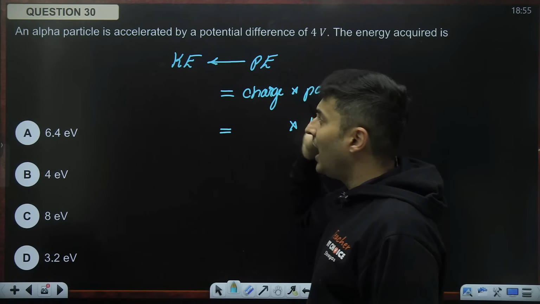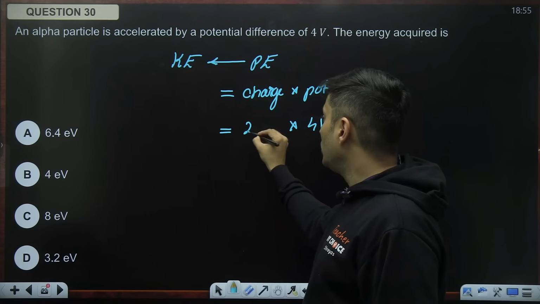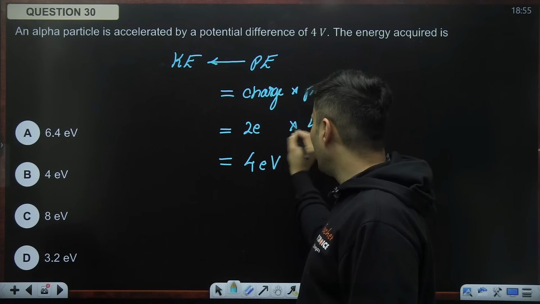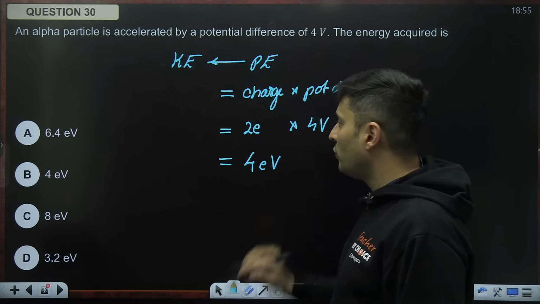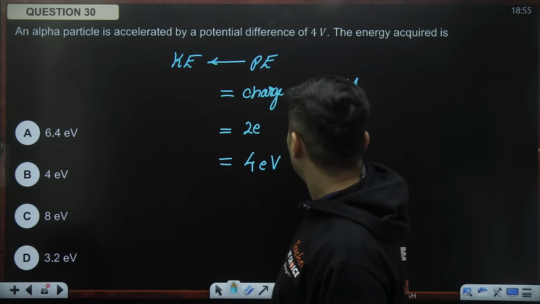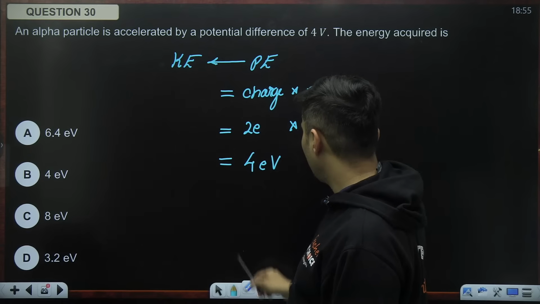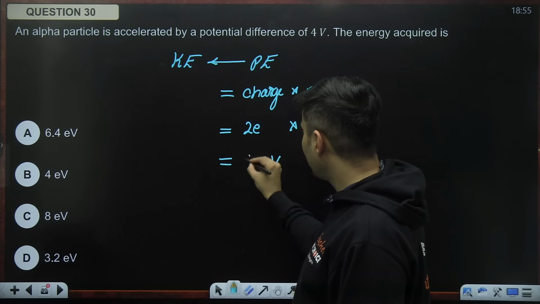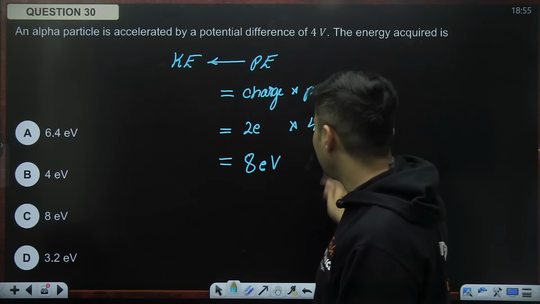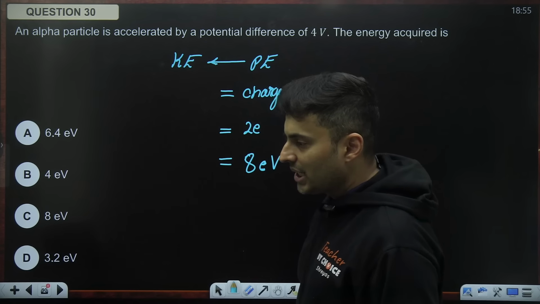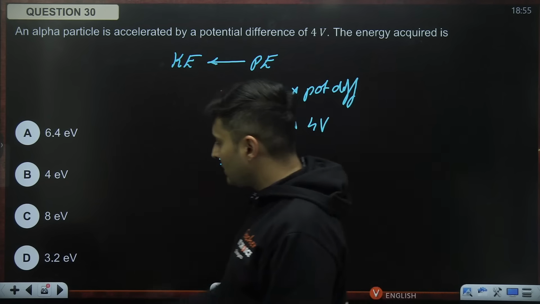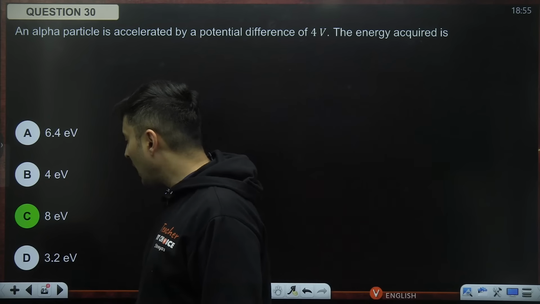The charge on an alpha particle is 2 times E. So therefore, it will have 2 4s are 8, E as it is. Oh, sorry. My bad, guys. It is 8 electron volt of energy. Got it, guys? 4 into 2, 8. And this E comes out as it is. So which is option C, of course. Yeah, that is the answer.